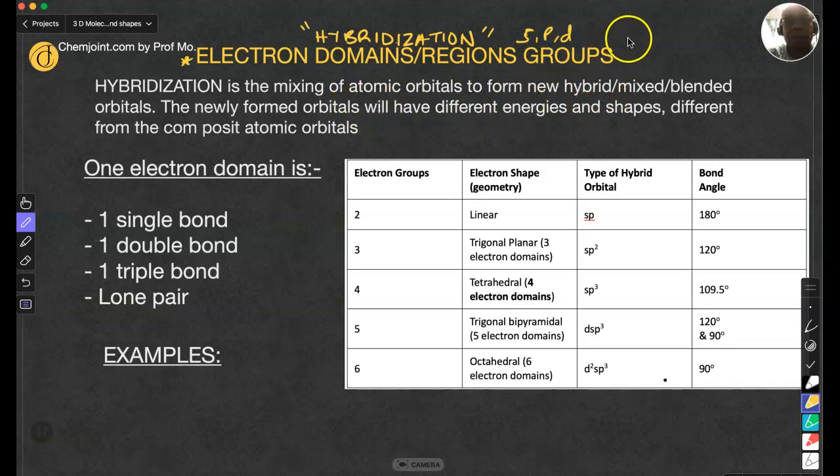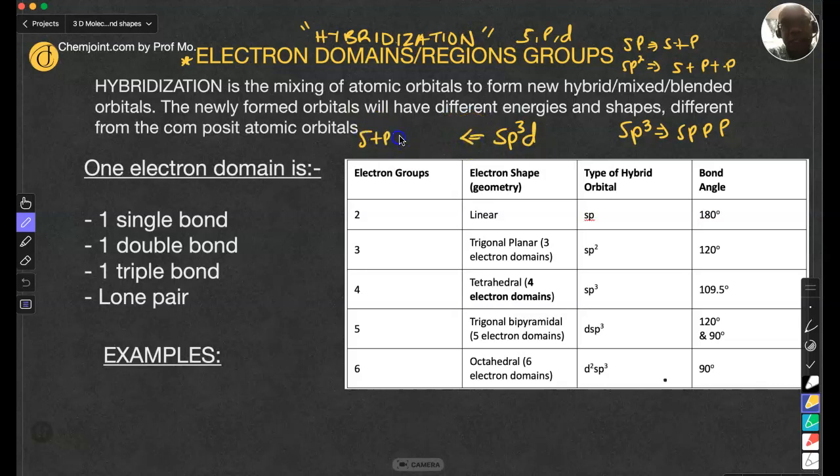So you're going to end up with sp if you combine s plus p, or sp2, or sp3, which is s p p p, or sp3d if what you combined was s, three p's, and a d. So we would call those sp, sp2, sp3, sp3d.